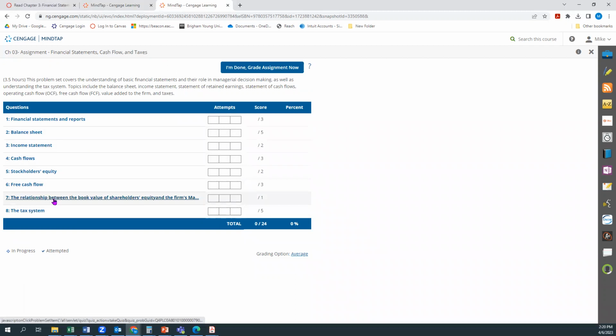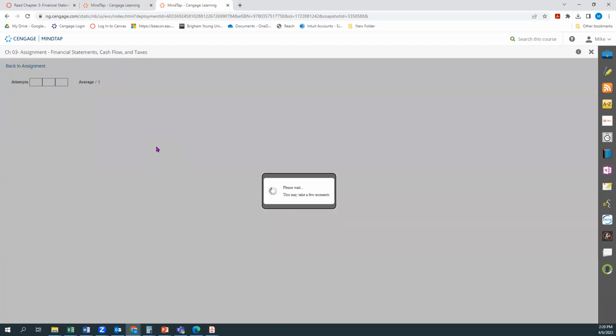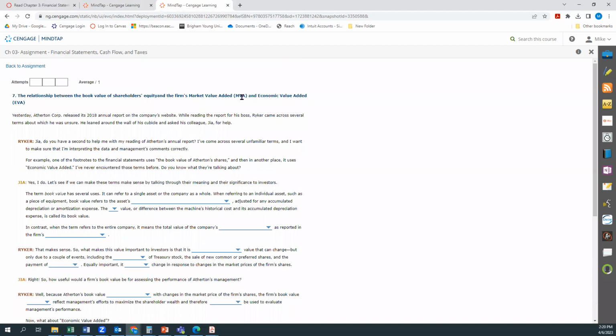The relationship between the book value of the shareholders' equity and the firm's market value added or economic value added. So again, this is the idea that we have the book value of our shareholders' equity, which means really our assets minus our liabilities, but also know that sometimes that doesn't really tell us value. It just tells us the difference between the cost of our assets and the amount that's owed.